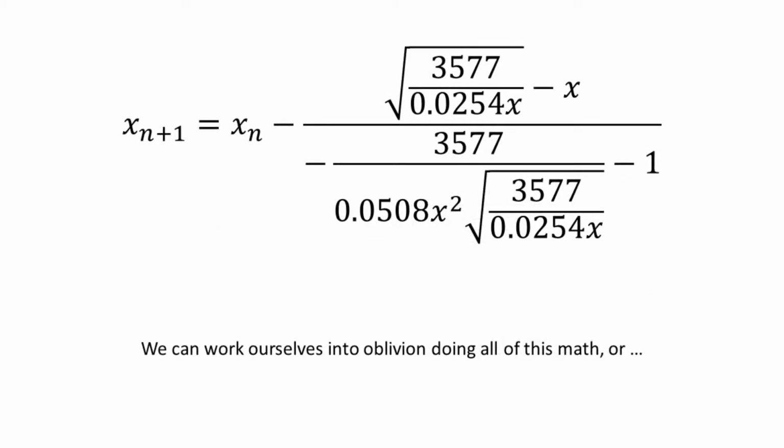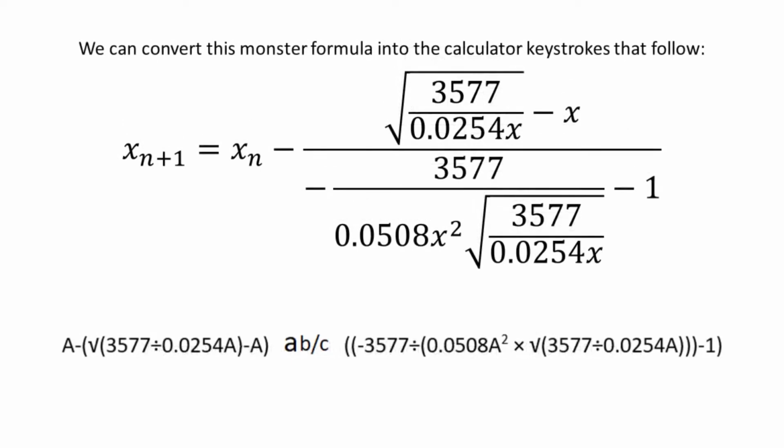So we can work ourselves into oblivion doing all this math, or we can convert this monster formula into the calculator keystrokes that follow. I give those to you exactly. On my calculator, I just have to insert the number that I'm going to use for what we call the answer, A. Once I have that answer, that becomes our x, of course.